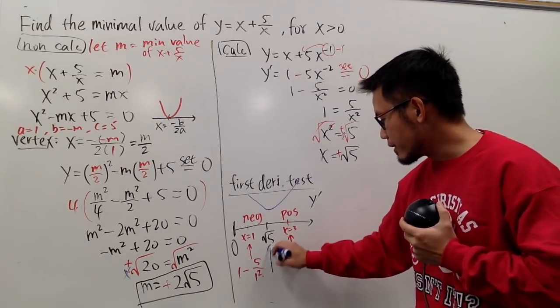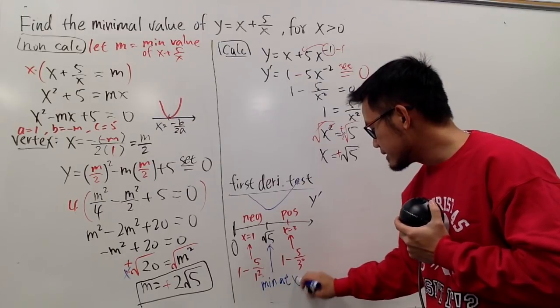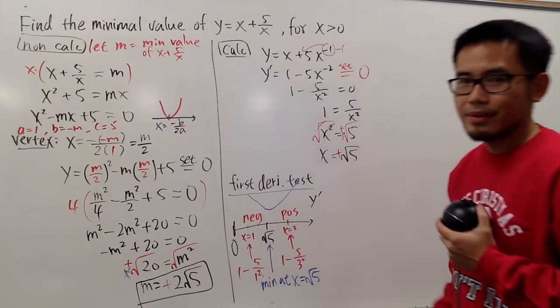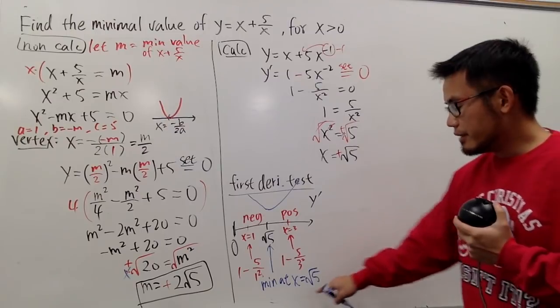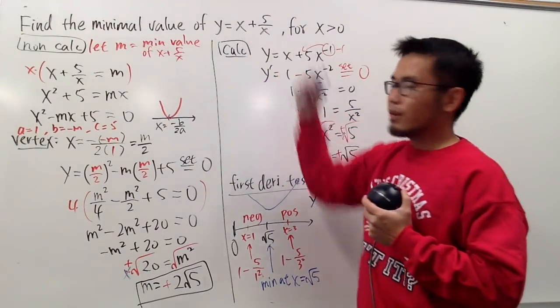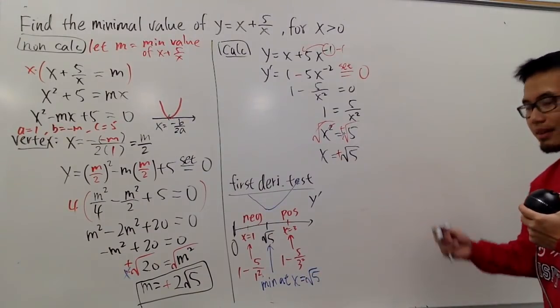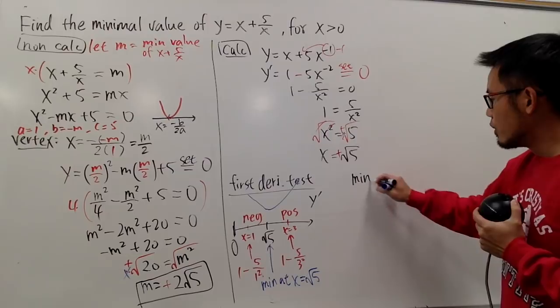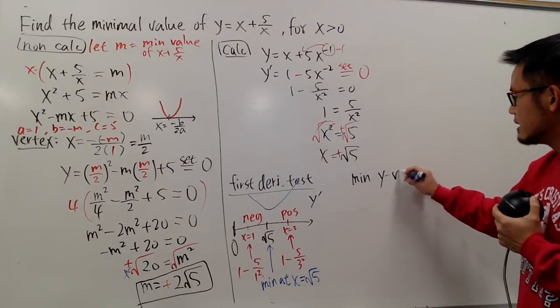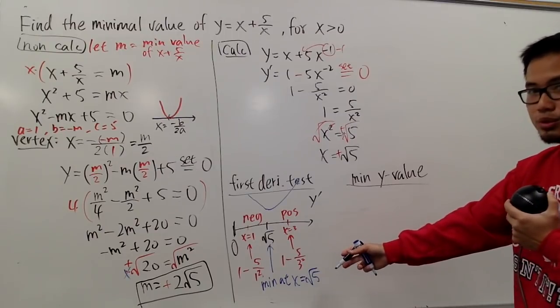So that means this right here is going to be a minimum at x is equal to square root of 5. And now, when we know this is the number that we care about, we just have to plug in this. Now, the minimum y value, let me indicate that this is the minimum y value. It's just that I plug in x is equal to square root of 5 into there.